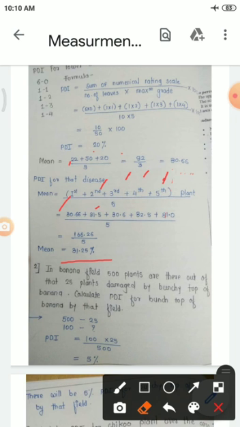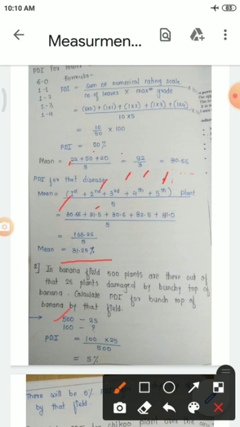As we know, there are 500 plants in the field. Out of that 500 banana plants, 25 plants get damaged by bunchy top of banana. So we mention that out of 500 plants, 25 plants are damaged.